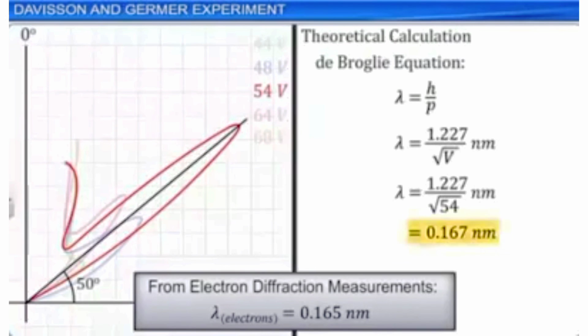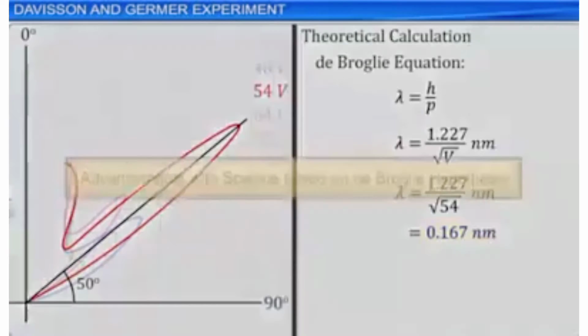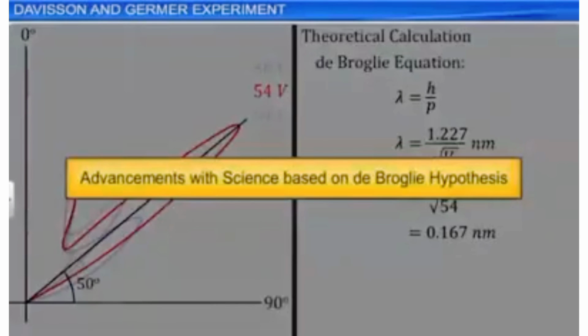This theoretical value is in agreement with the experimentally obtained value of the de Broglie wavelength for electrons. The Davisson and Germer experiment thus confirms the wave nature of electrons and the validity of the de Broglie relation. The de Broglie hypothesis has been the foundation of many advancements and applications in recent times.